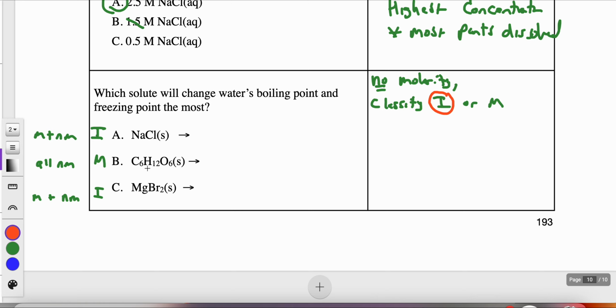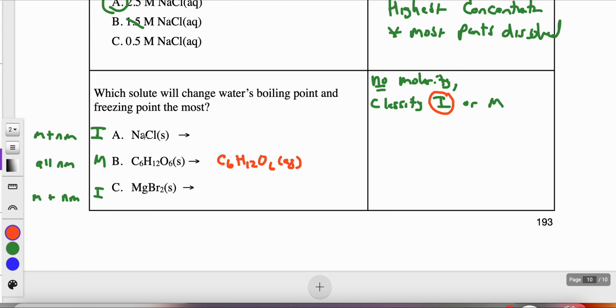Because it is a molecule, when you dump this into water, it's made up of atoms. There's no ions. So the water just pulls one molecule away from the other ones, and we just end up with a structure that looks like this. When this is dissolved, it produces one particle per dissolved unit.